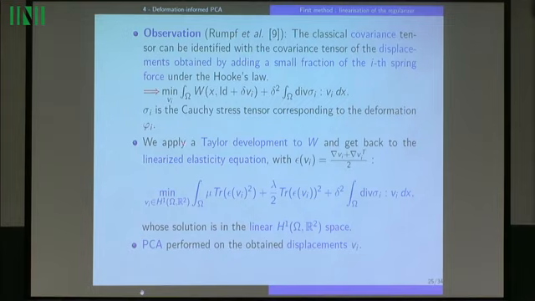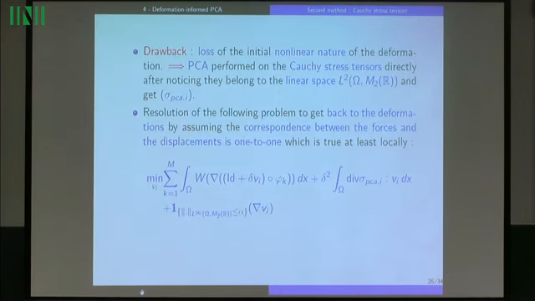So we then apply a Taylor development to W and get back to the linear elasticity equation, which is this one, where epsilon of vi is the symmetric gradient. And then we perform the PCA on the obtained displacements vi. The problem is that we may lose the initial nonlinear nature of the deformation with this method.